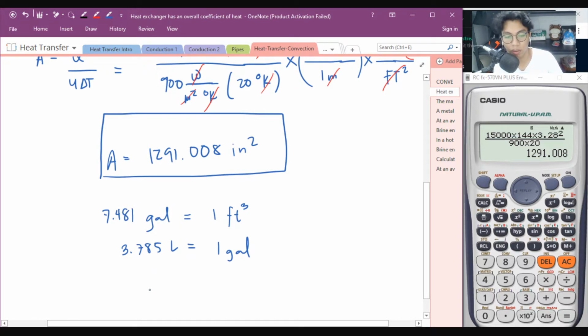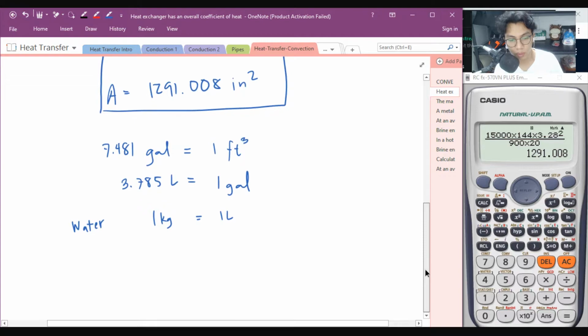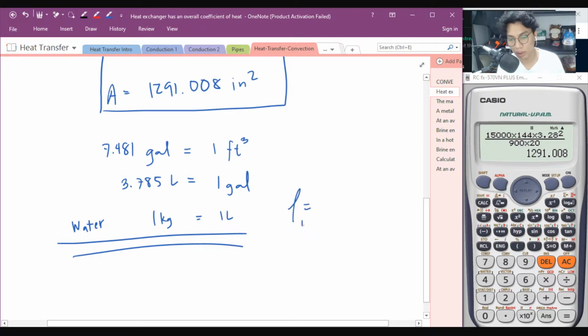Meron pa. Ano pa yan? You have 1 kilogram. Ito, water lang to, is equal to 1 liter ng water. Sa water lang to applicable. So, ibig sabihin, the density of water is equal to 1 kilogram in every liter.